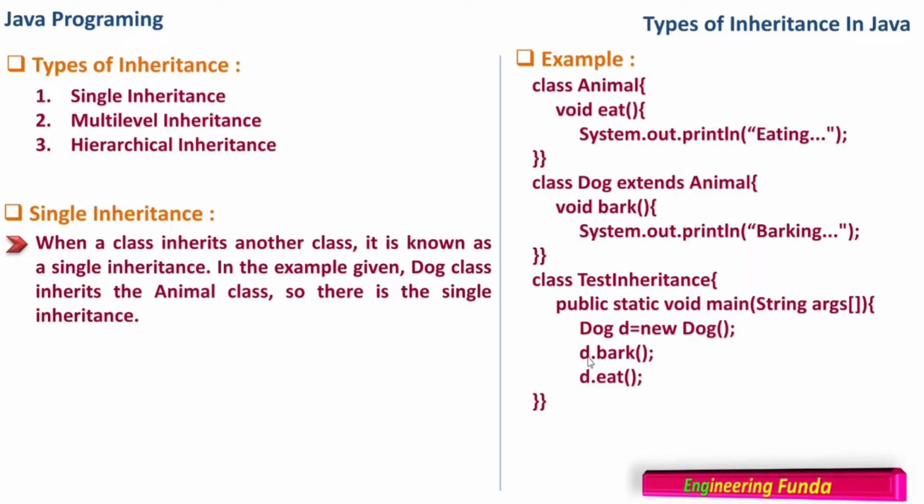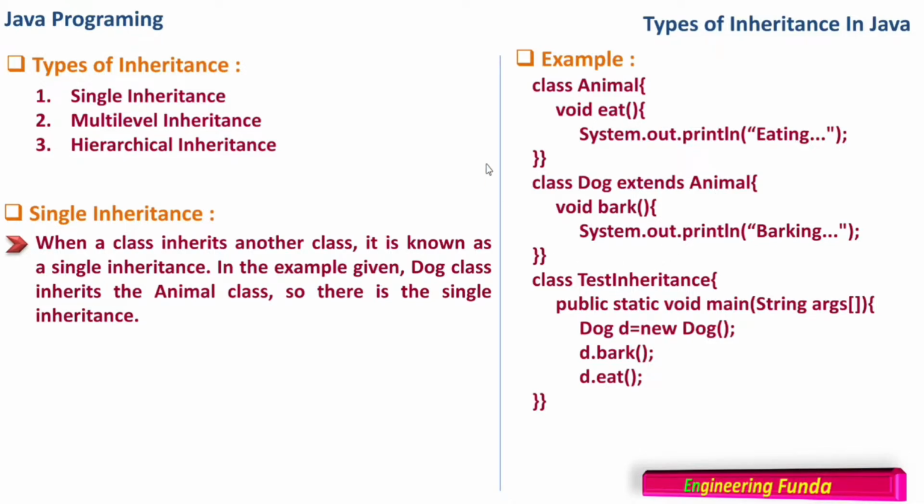Then we are writing d.bark. That means this is the class dog object d and d.bark, that means we are calling this bark method. So when we call this bark method, what is expected is this message barking will be printed. Then with the object d, we are calling this eat method. But if you look at this dog class, my dear friends, there is no eat method here.